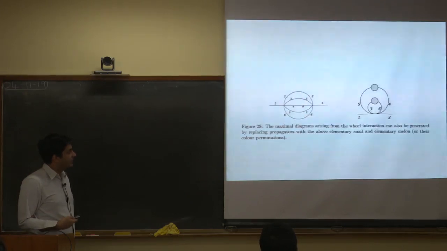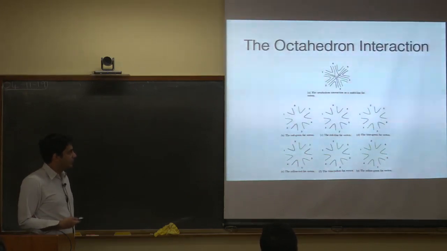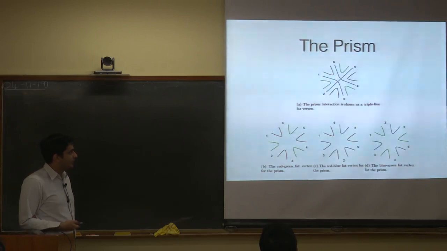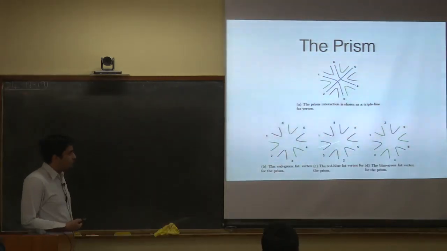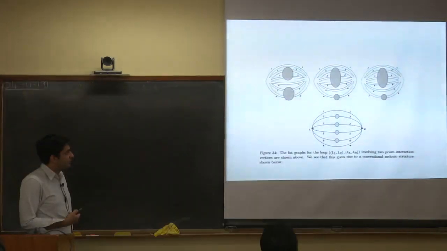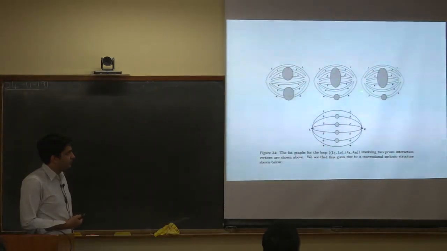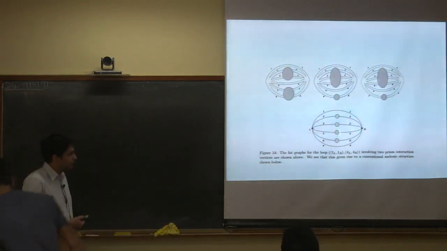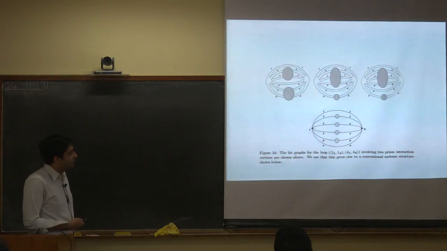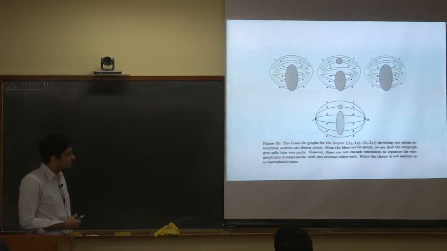So here is a wheel, and the octahedron is also melonic. The prism vertex is slightly not melonic. So for this cycle, the subgraph breaks up into individual guys, but for this particular two cycle where you take 1 and 1 and 2, you get the following three flat graphs.